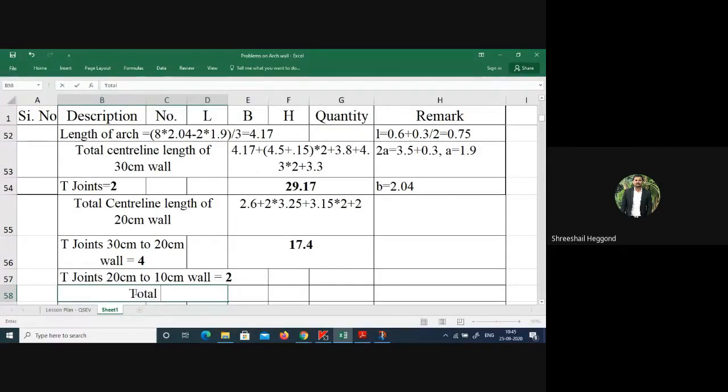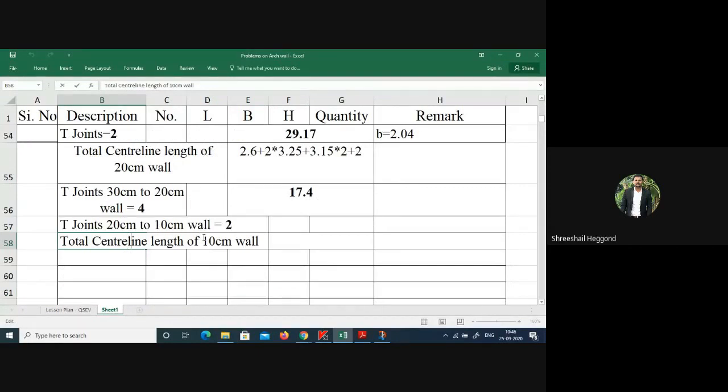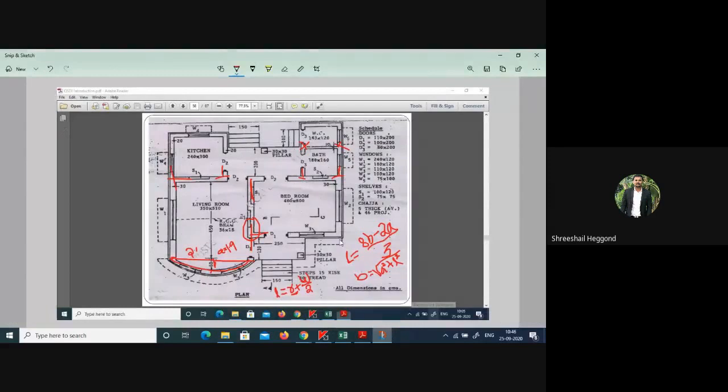Total center line length of the 10 centimeter wall. Center to center length will be how much? This is 1.8 meter. Only one wall is there, that is 1.8 meter.